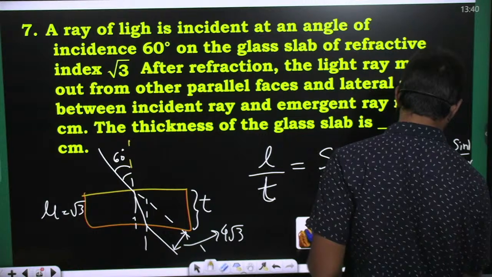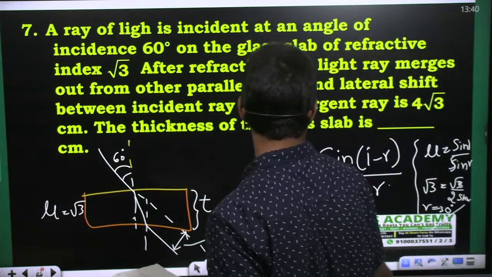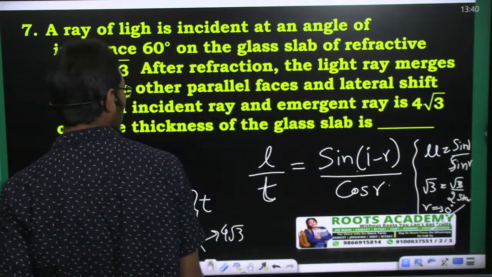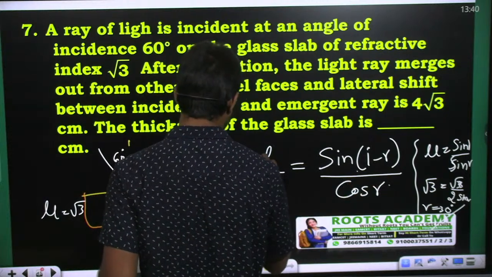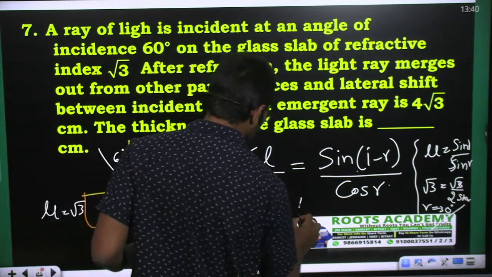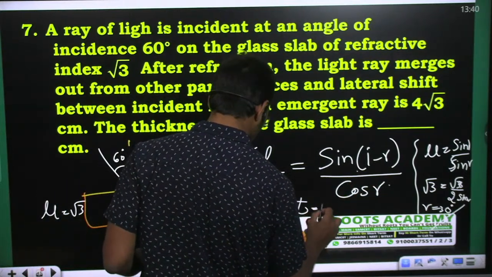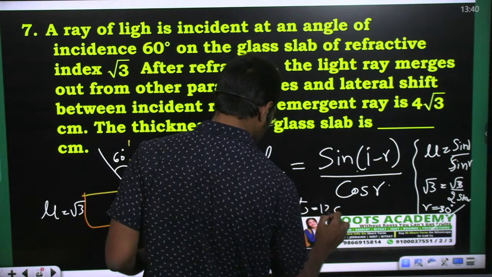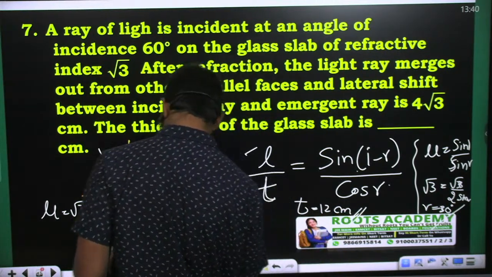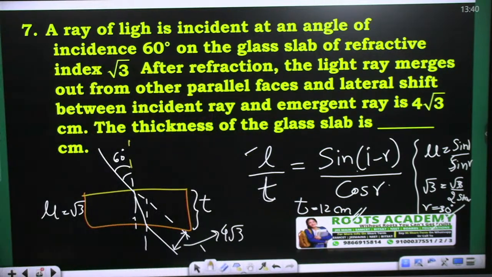So R is 30 and I is 60. We have the lateral shift 4√3 and find the thickness. The thickness of this slab you get as 12 centimeters.